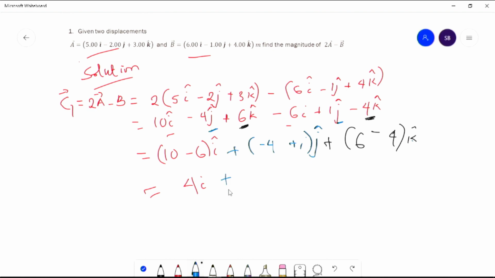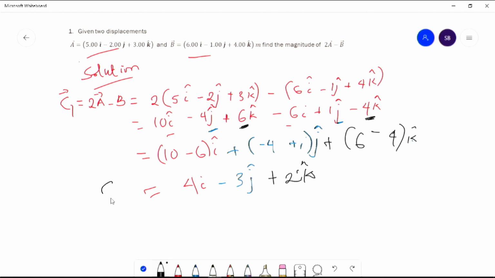And minus 4 plus 1 gives us minus 3j. And for the last component, we have 6 minus 4, which is positive 2k.